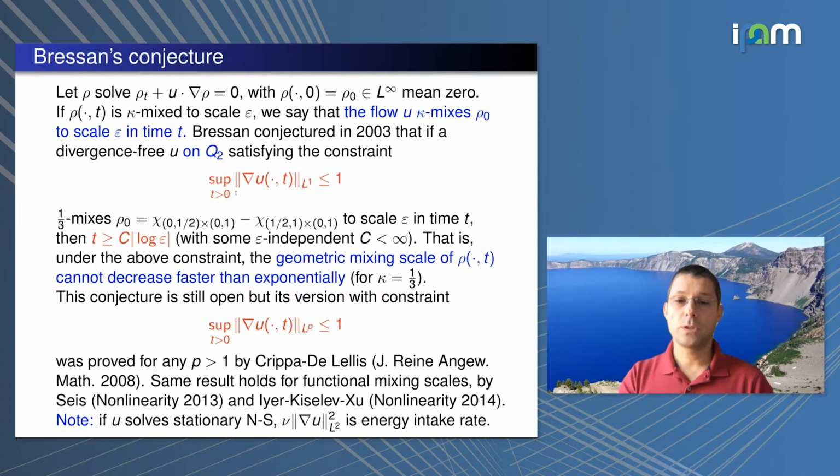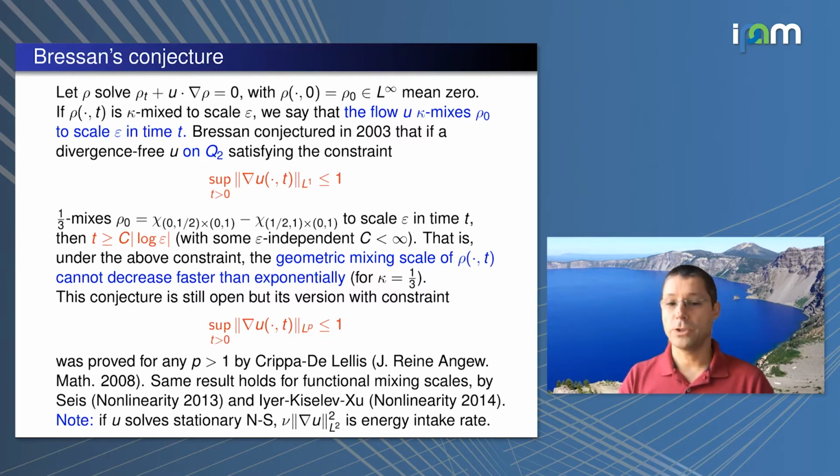If the L1 norm of the gradient of the flow is uniformly bounded in time, then you take this initial datum, and if you want to mix it to scale epsilon in time t, then the time has to be at least logarithmic in epsilon. If you turn it around, that means the scale to which you can mix this initial datum with a flow that satisfies this constraint cannot decrease faster than exponentially.